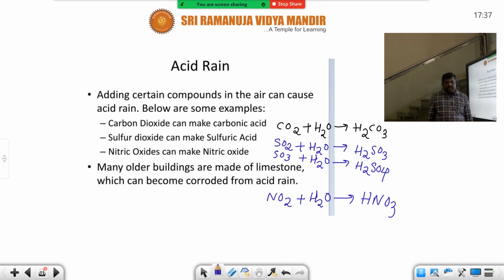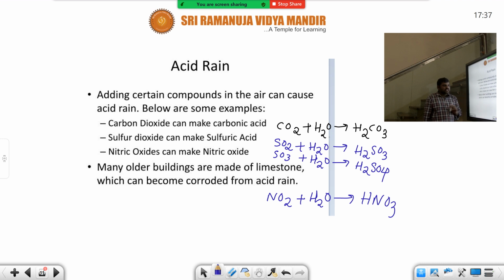HNO3 is named nitric acid, H2SO4 sulfuric acid, H2SO3 sulfurous acid, and H2CO3 carbonic acid. These are all oxides of non-metals combined with water to form acids. That is the acid rain.